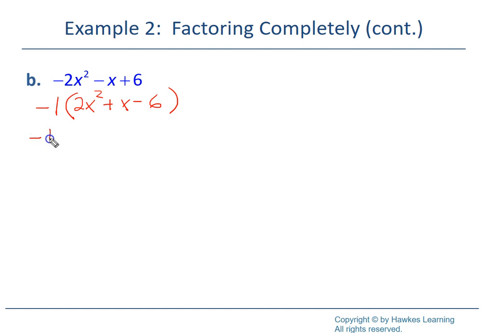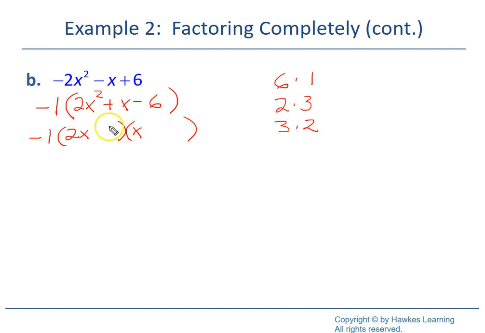So we keep our negative 1 out there, 2 sets of parentheses, and this has to be a 2x and an x. Now it's probably not going to be a 6 and a 1, but combinations of a 2 times 3 or a 3 times 2.